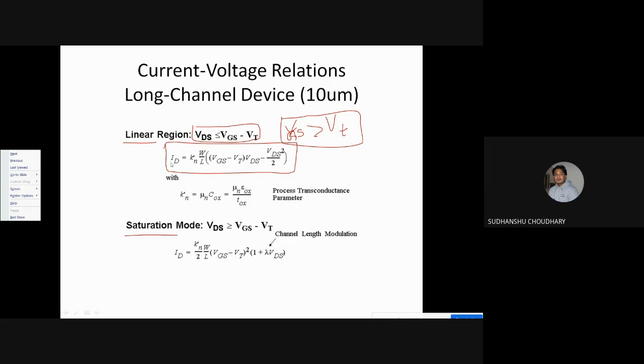In the linear region, the drain current of the MOSFET is given by this equation: Kn prime W by L, (VGS minus VT) into VDS minus VDS square by 2, where Kn prime is mu n Cox. Mu n is the mobility of electrons and Cox is the oxide capacitance, which is given by epsilon ox by Tox. Epsilon ox is the permittivity of silicon dioxide, divided by the thickness of silicon dioxide. Which silicon dioxide?